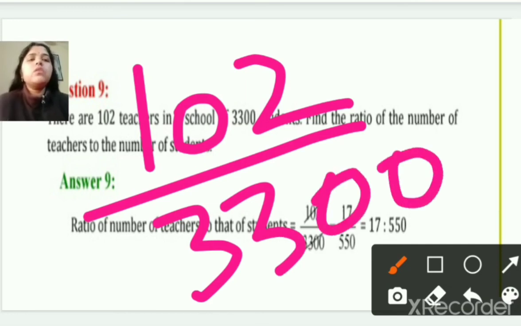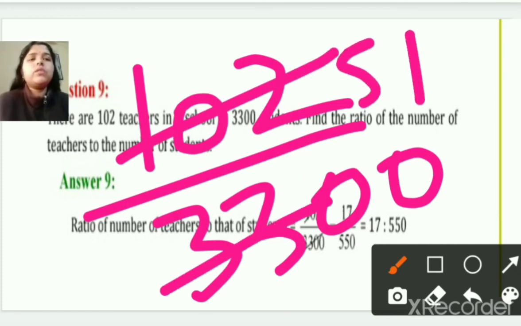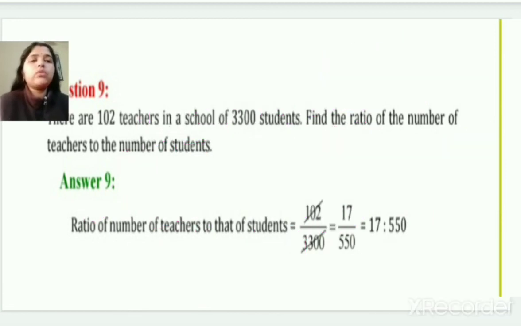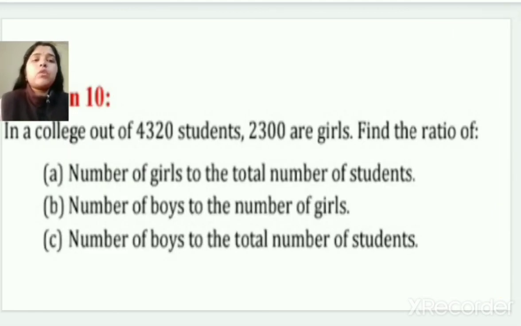What we need to do is divide by 2. I'm not having space, you can divide and you will get to know what you are getting. So our answer will be 17:550.